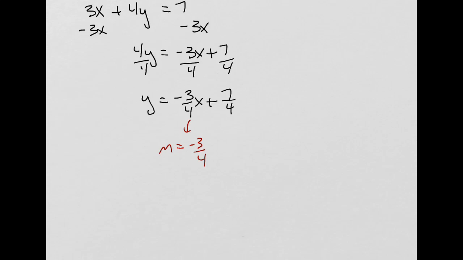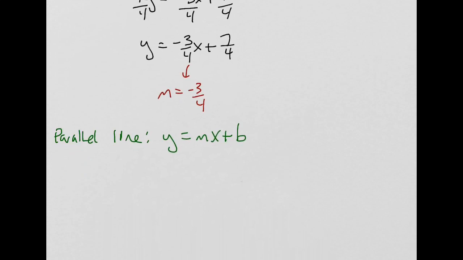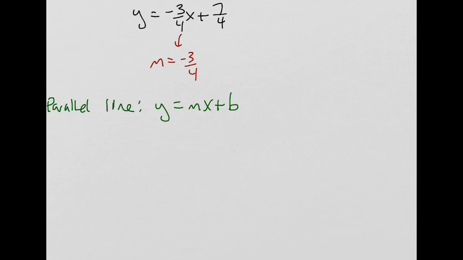So once I have that slope, well, I know the equation of my brand new parallel line. It's going to have the equation y equals mx plus b, and I know that the slope has to match the slope of the line that it's parallel to. So the slope has to equal this negative 3/4 again. So I can plug that in for m.